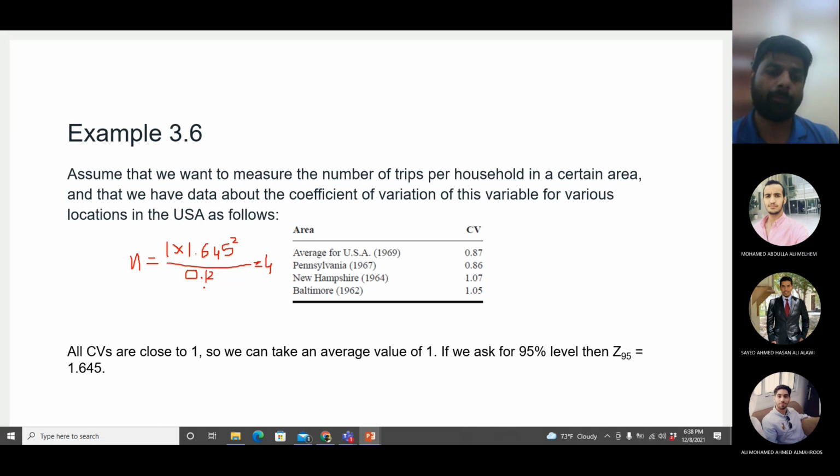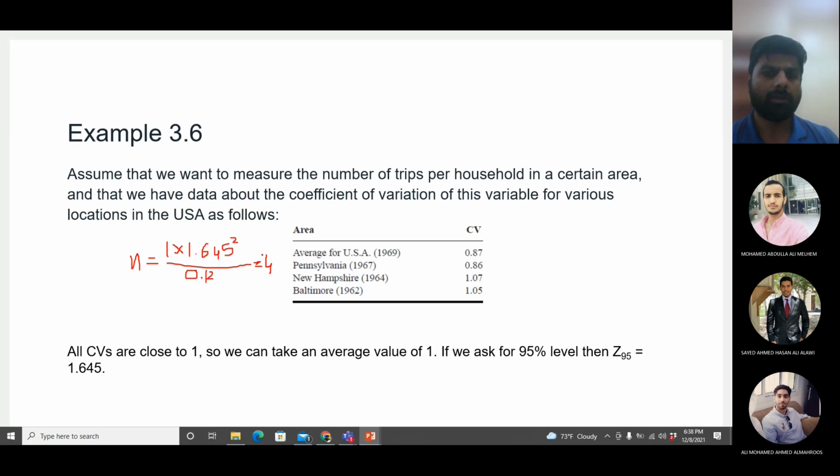You are dividing by 0.01, 1.645 square divided by 0.01. It cannot be 4. It must be in hundreds. 1.645 square divided by 0.01. How much? So 1.645 square into 100. How much?